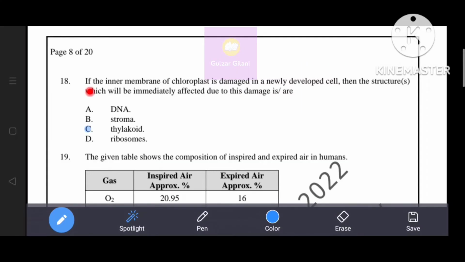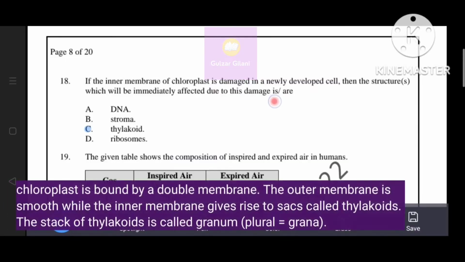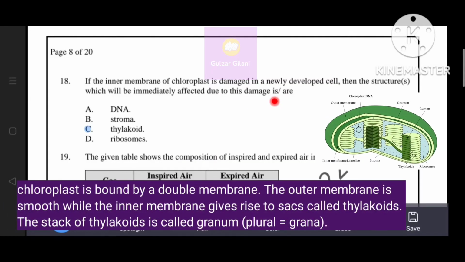नेक्स्ट क्वेश्चन. If the inner membrane of chloroplast is damaged in a newly developed cell, then the structures which will be immediately affected due to this damage is... As you know, chloroplast is bounded by a double membrane. The outer membrane is smooth while the inner membrane gives rise to sacs called thylakoids.